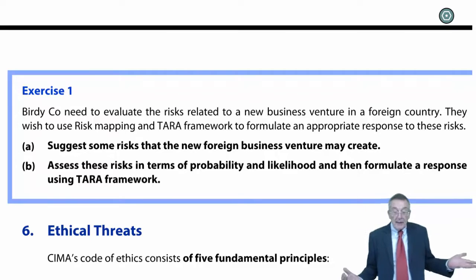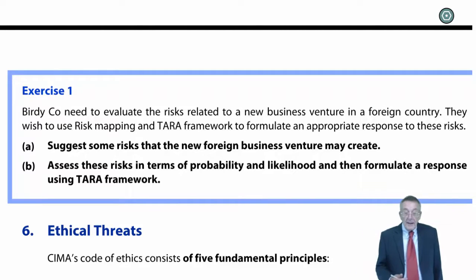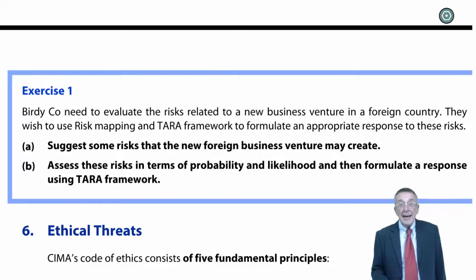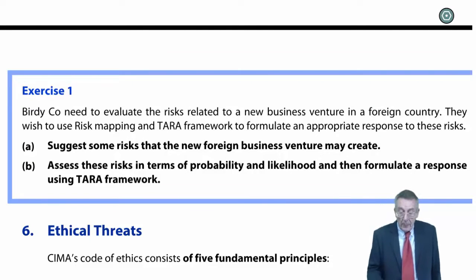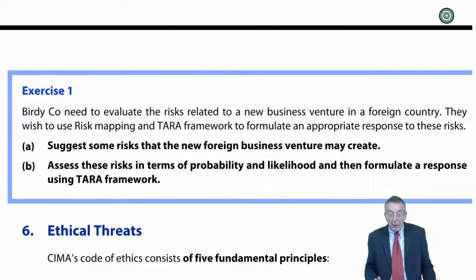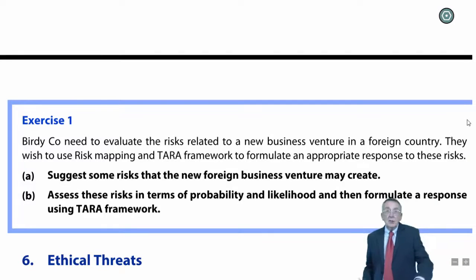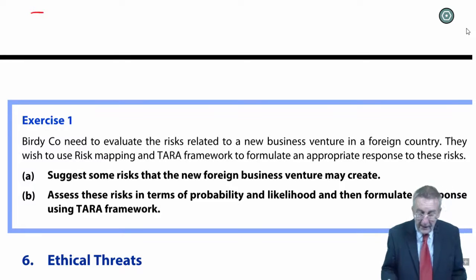They wish to use risk mapping and the TARA framework to formulate an appropriate response to these risks. The question says, suggest some risks that the new foreign business venture may create. Now, obviously we don't know what the venture itself involves. We don't know what the country is.